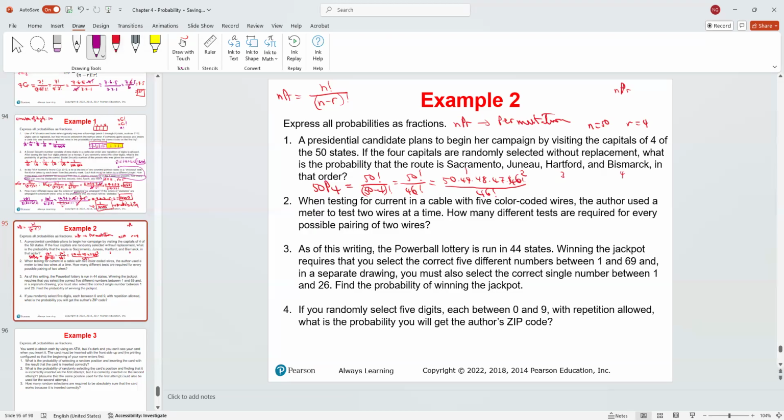When we cancel factorials, remember we can cancel factorials, you have 50 times 49 times 48 times 47, it gives you a big, giant number. And here we only find the different ways of doing it.